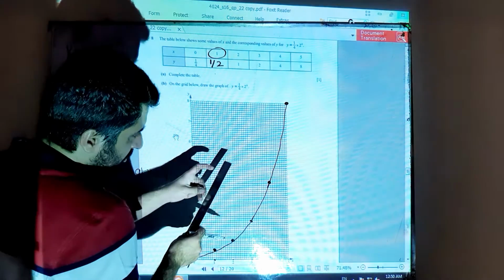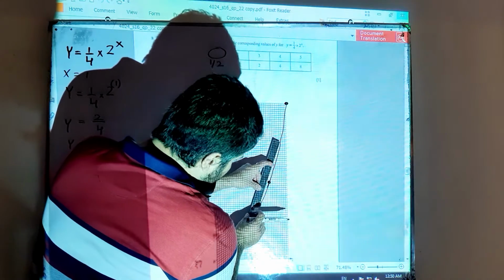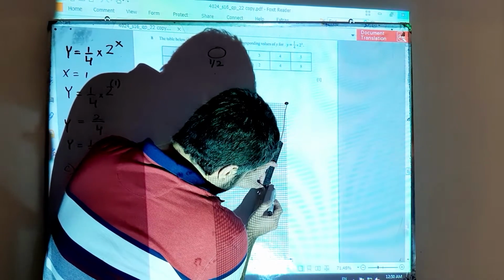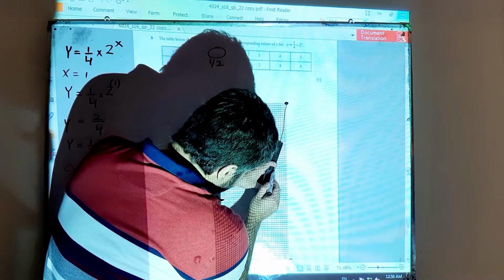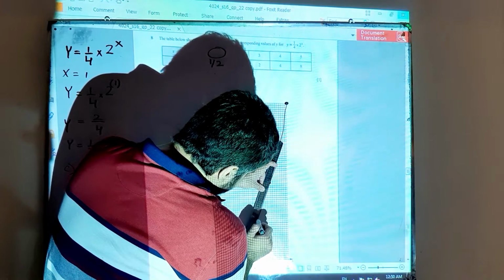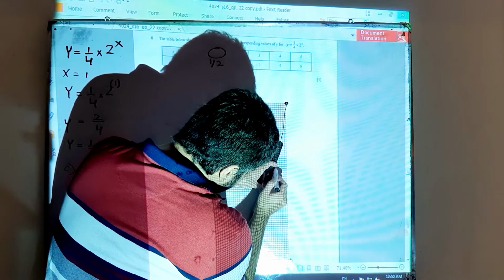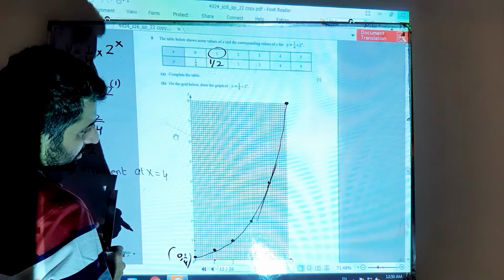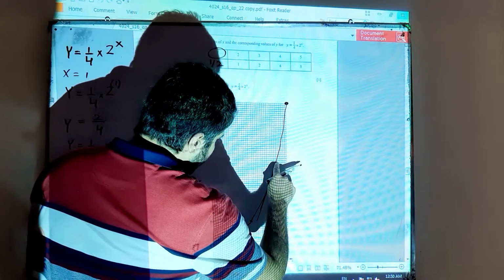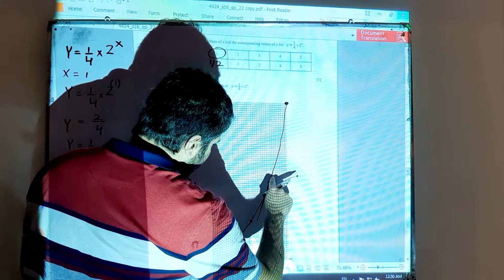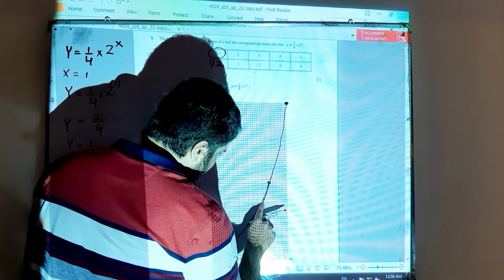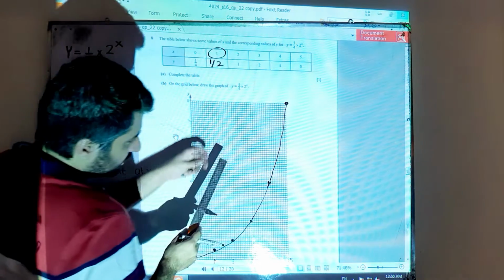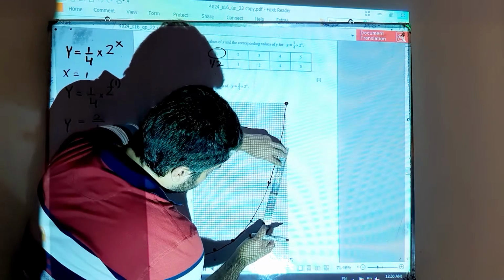So let's draw a tangent line at x equal to 4. Let me draw it again, because the tangent line should have equal space on both sides.